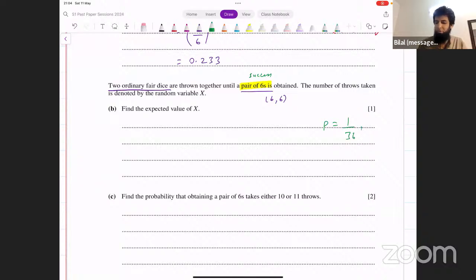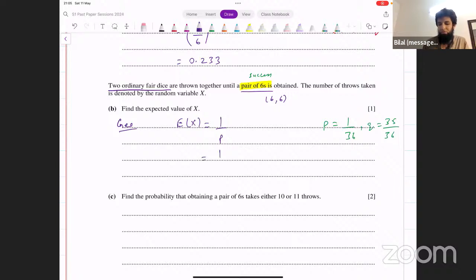And then what about probability of failure? That will be 35 out of 36. We want to find the expected value of X. It's a geometric distribution, right? What's the formula for expected value of X in a geometric distribution? That's 1 over p.